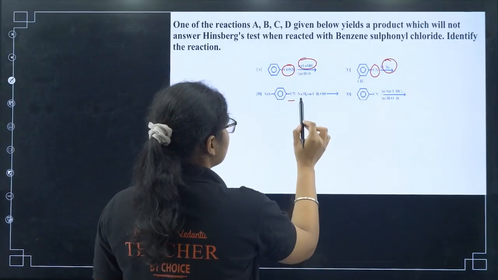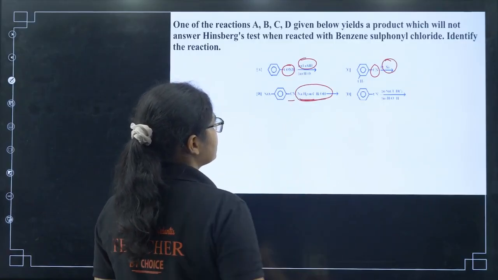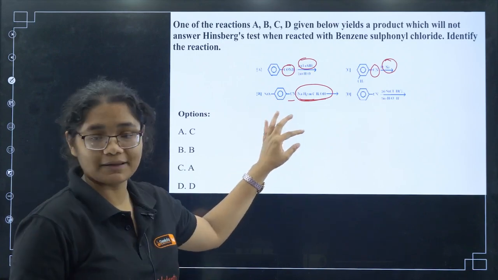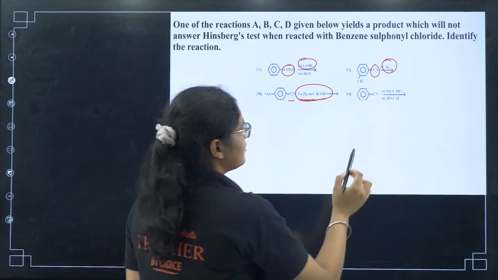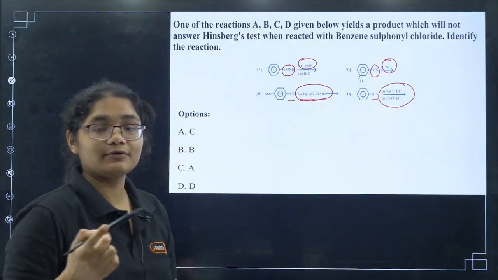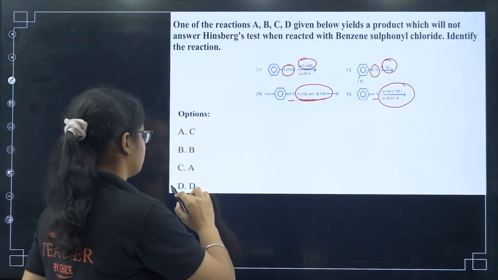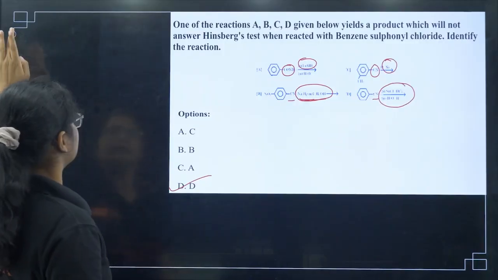Then you have CN with sodium amalgam in ethanol, so that will also give me a primary amine, so that will also react. Now here I have CN with SnCl2 and HCl. SnCl2 and HCl reacts with nitro compounds and not with nitrile, so this one will not give me an amine, so option number D here.